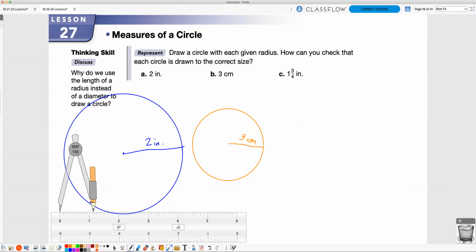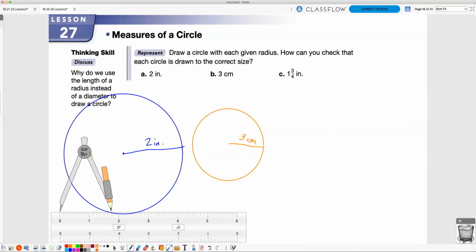This would be 1, 2, 3, 4, 5, 6, 7, 8. So that means right here, this would be 3/4, because I want to have it at 1, 2, 3, 4. There's broken into quarters there. So that's 1 3/4 for the distance.